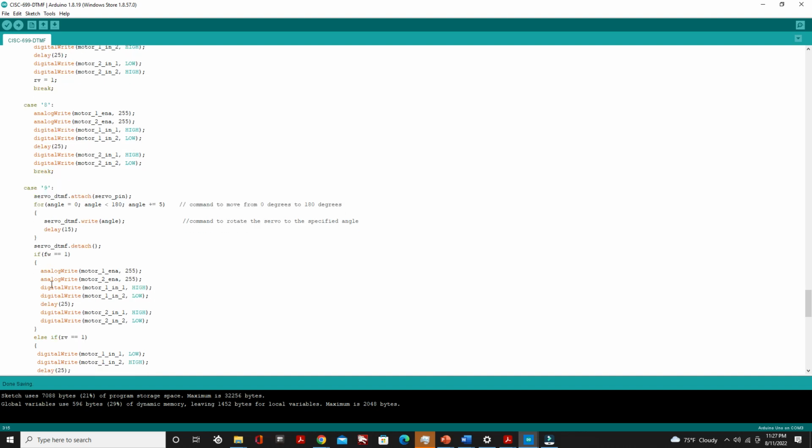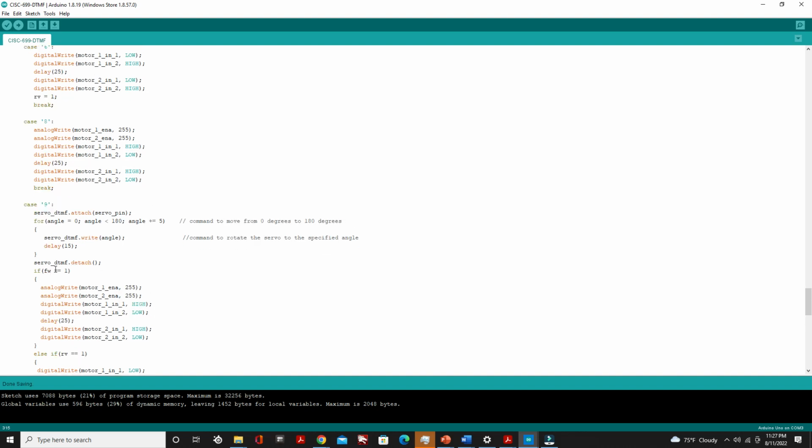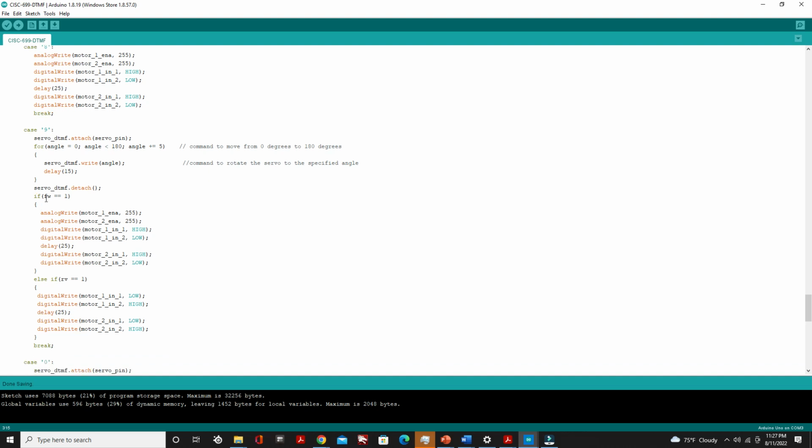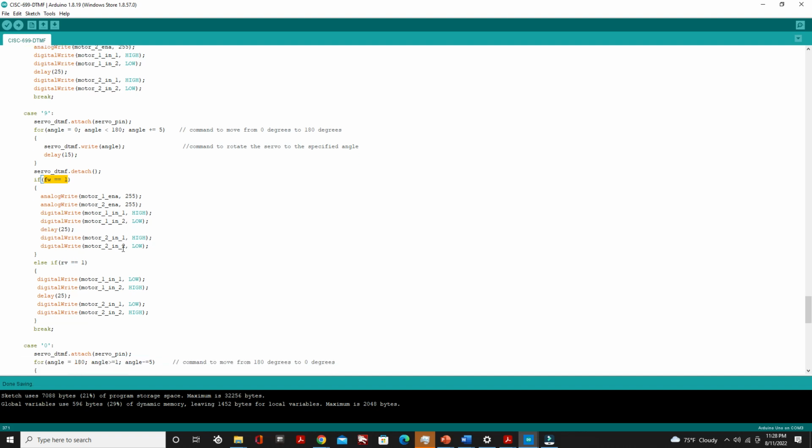Number 9, I use to turn the servo motor to the right. And I'm using the flag variables forward and reverse to set the DC motors again in the present state.